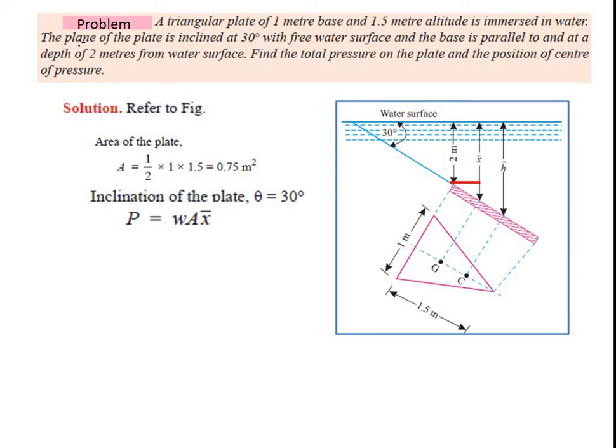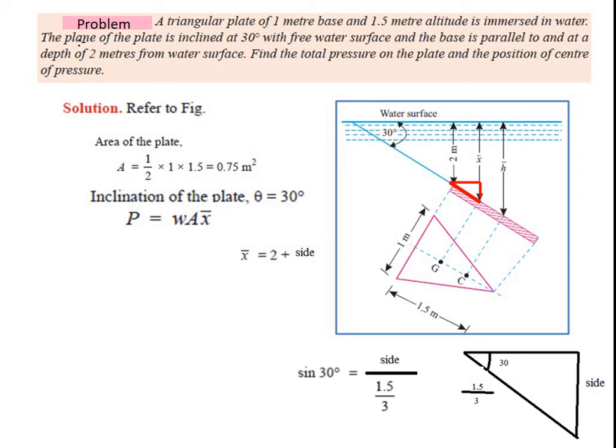Angle of inclination theta is equal to 30 degree. The initial depth of immersion is 2 meter from the water surface. So x bar needs to be calculated by considering this as a triangle. The 2 meter distance is initially there, plus the side of this triangle. The side is calculated considering the angle of 30 degrees that has been given.